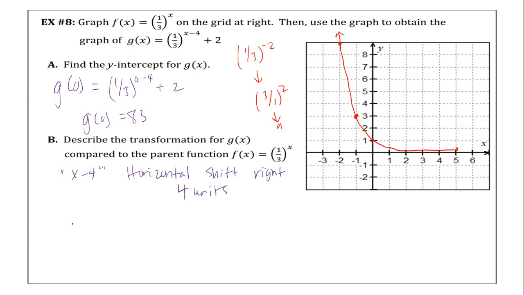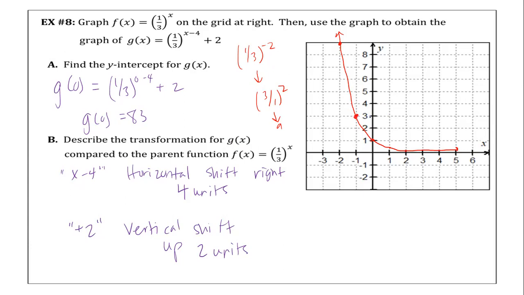The plus 2 is a vertical shift up 2 units. So remember, x's are liars. We thought it was probably going to the left, but it's actually going to the right. And our y's just do what they do. So we're taking this point and we're going to shift it right 4 and up 2.